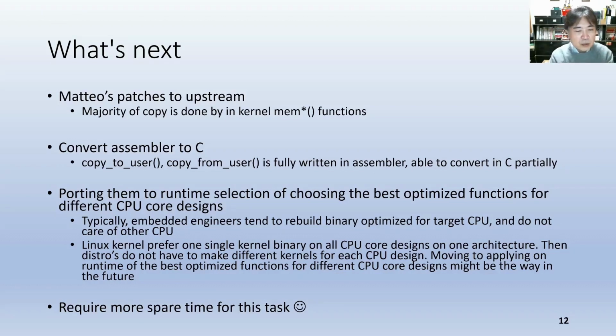However, the Linux kernel historically would like to have a single binary kernel for one CPU architecture. For example, Intel and AMD have different designs, and even Intel comes out with a different design every 2 years, so the optimized copy function is slightly different. The Linux kernel tends to prefer choosing the best function at runtime.